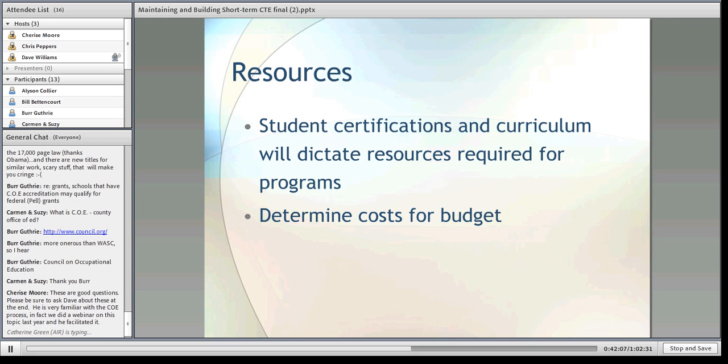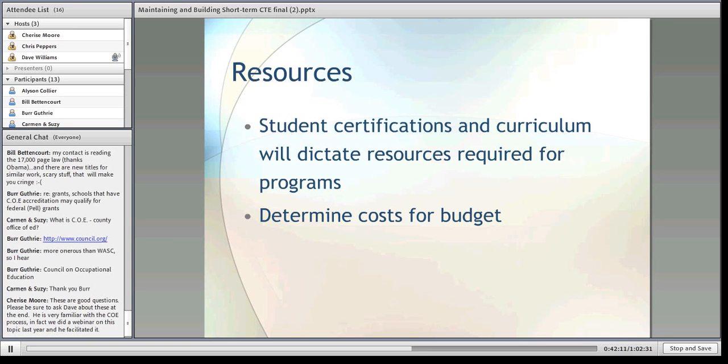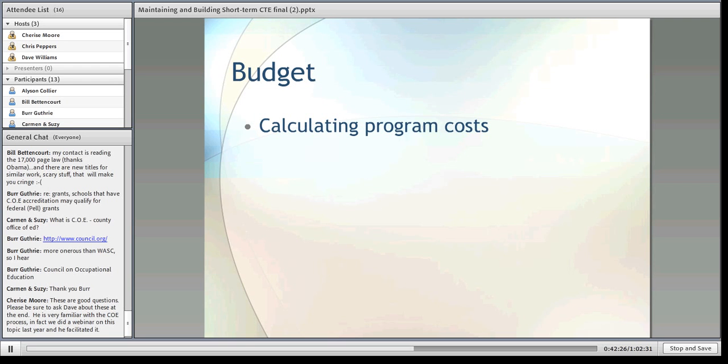So again, those certifications and tell you what you need in terms of resources for this will go in to determine your cost of your budget. What was something we all really love, calculating our program costs.